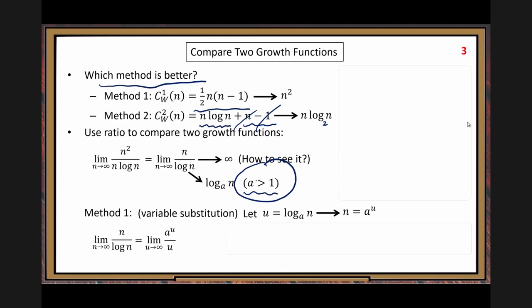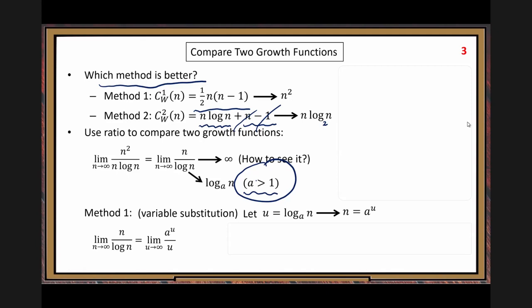To see why, we can prove it. But one thing people always say in our daily life is that an exponential function dominates all other polynomial functions.